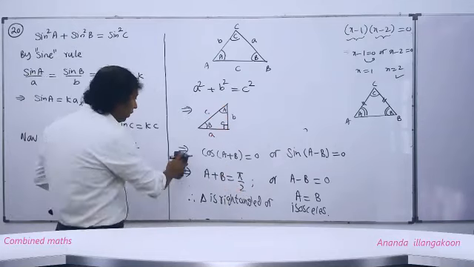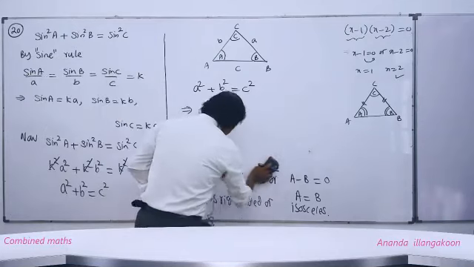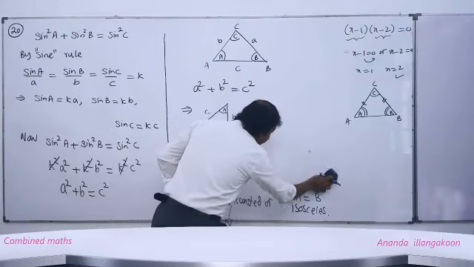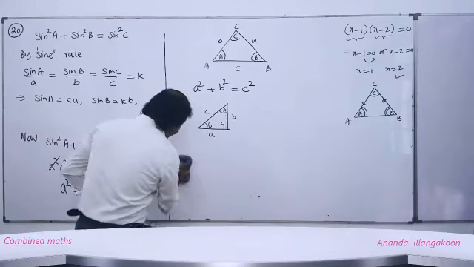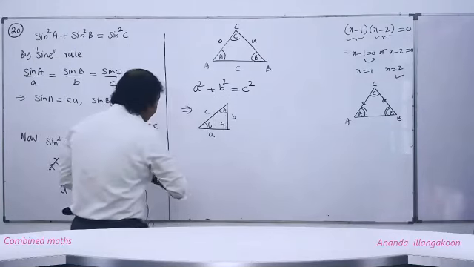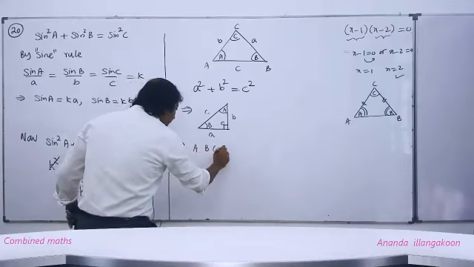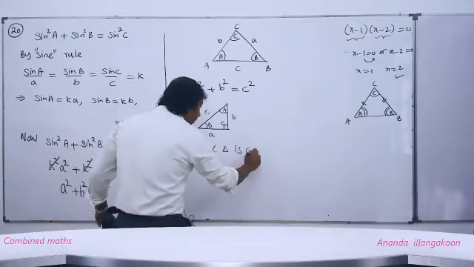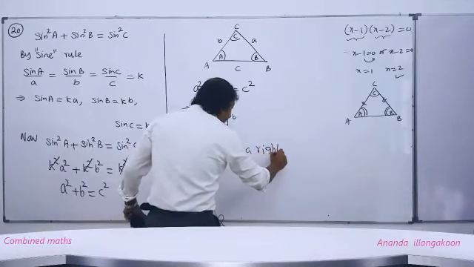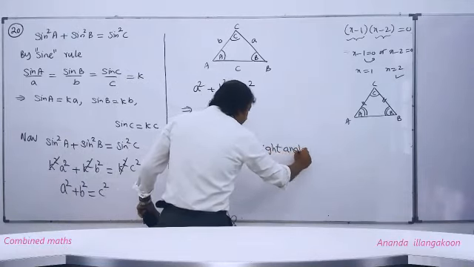Then we can write this implies triangle ABC is a right angled triangle.